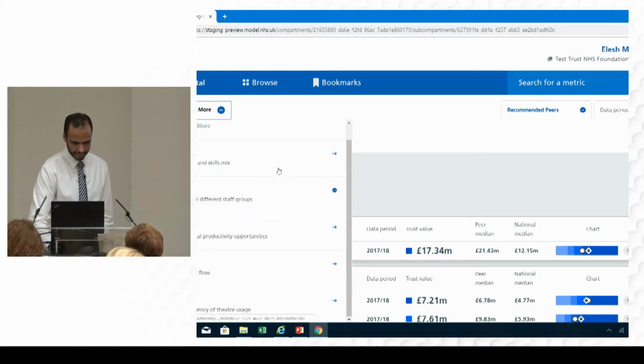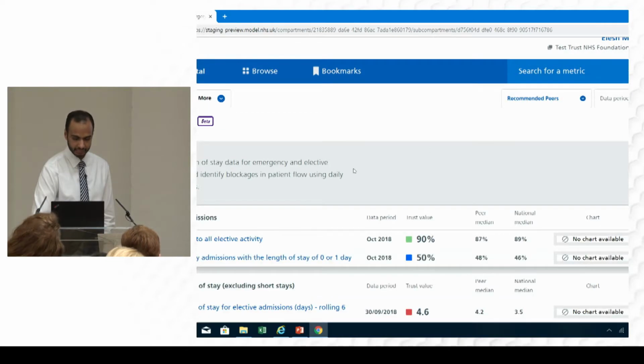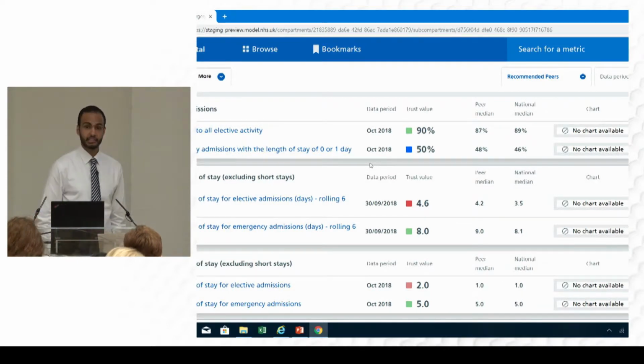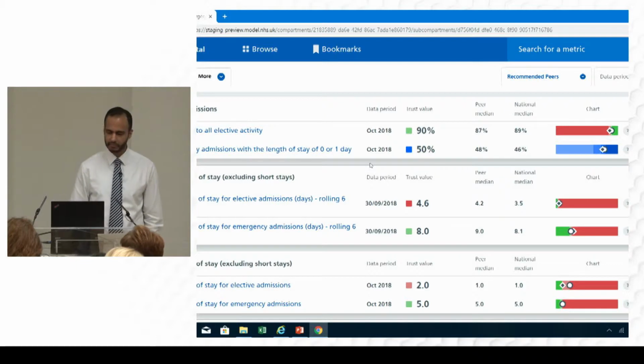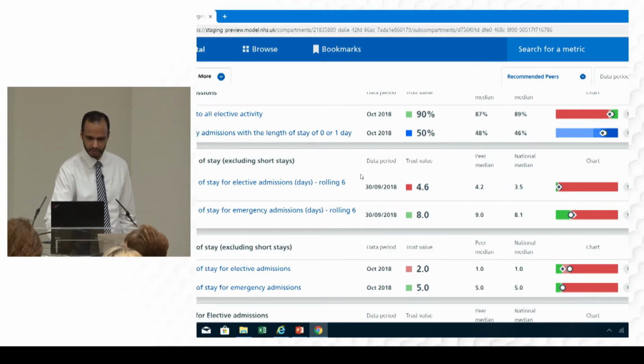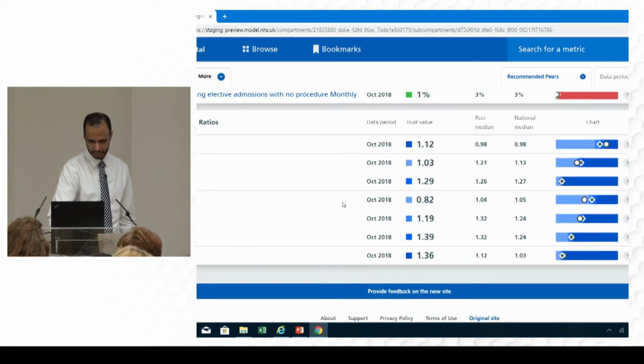And there's some other information in here around the actual length of stay for patients, whether you're meeting suggested day case rates as per the BADS benchmarks, some information around discharge rates, if I move towards the bottom.